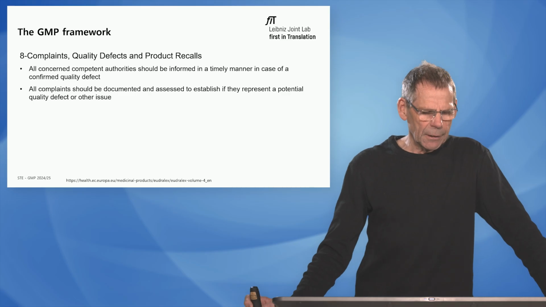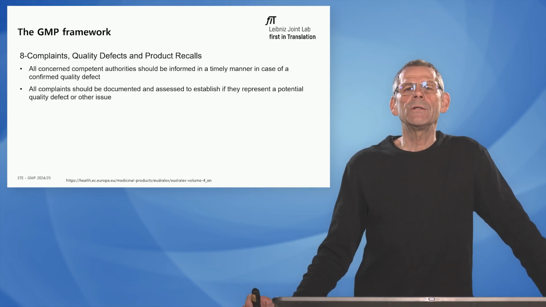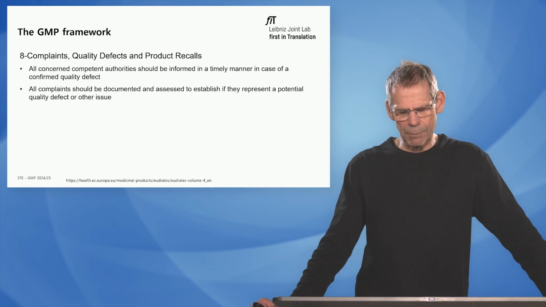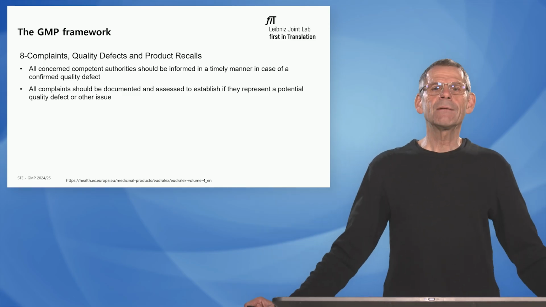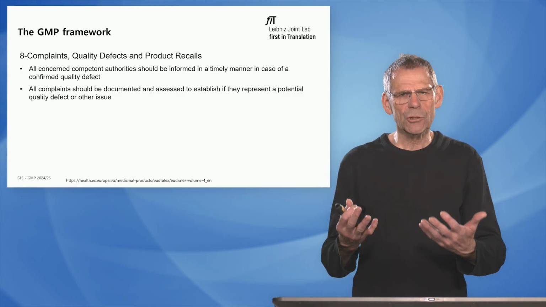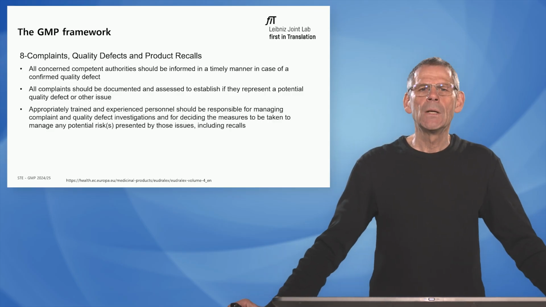Then we take the complaint, we document it, and we assess it to establish if it represents a certain quality defect or any other issue that requires an action from us.